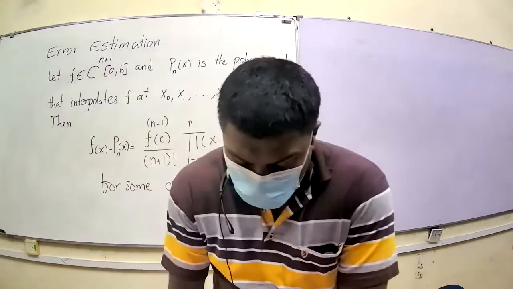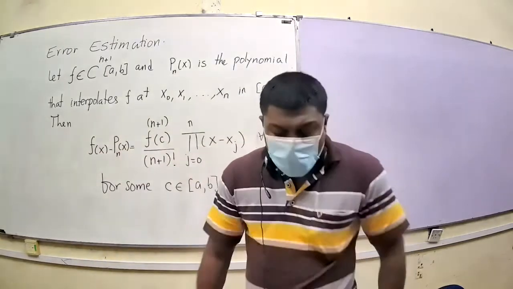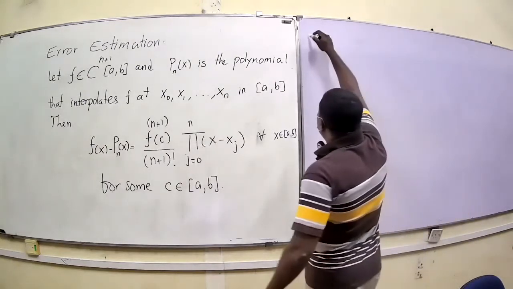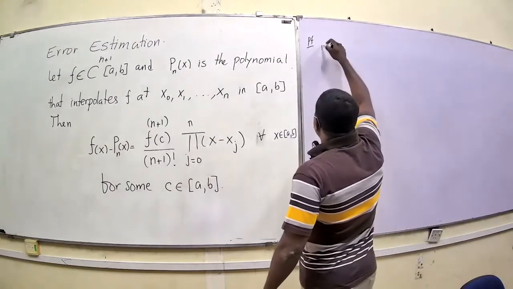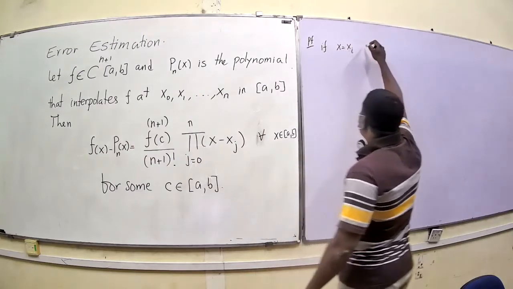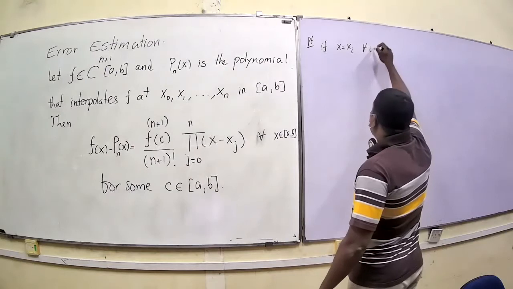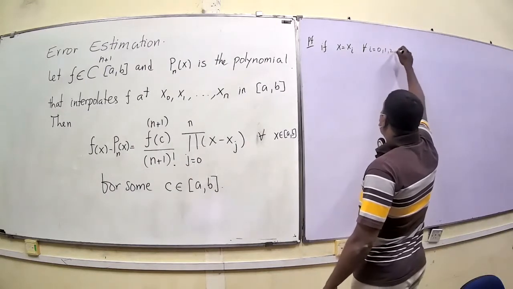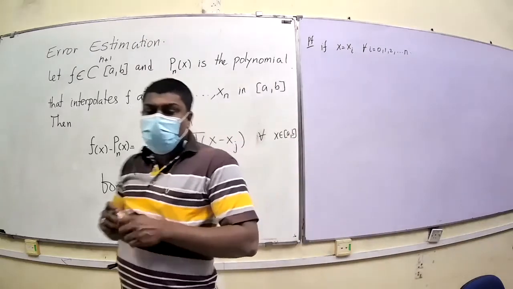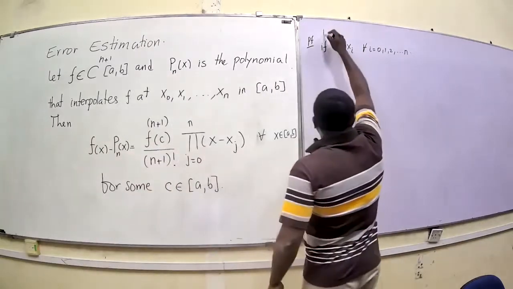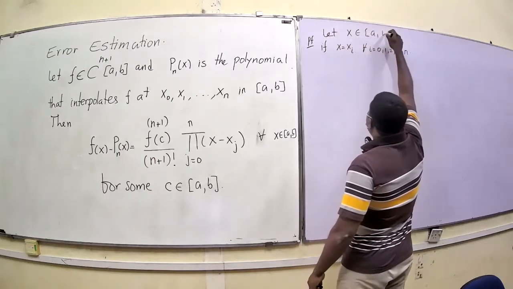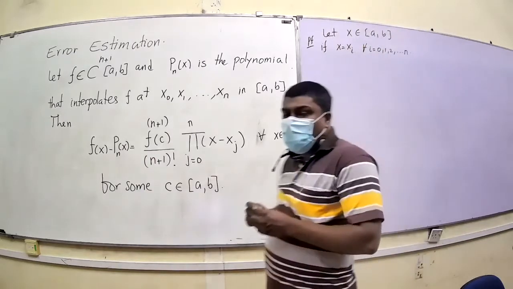We will do it case by case. So, the proof. Let x be an arbitrary point in [a, b].